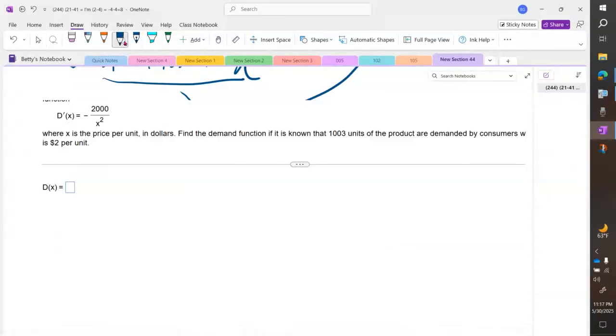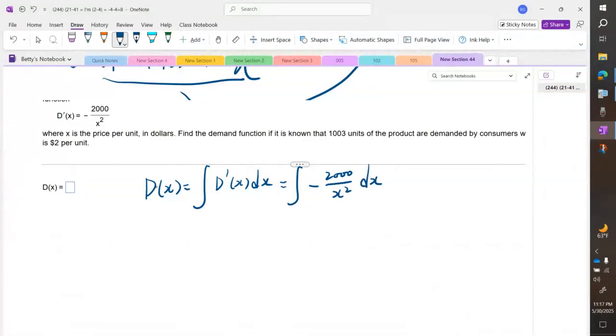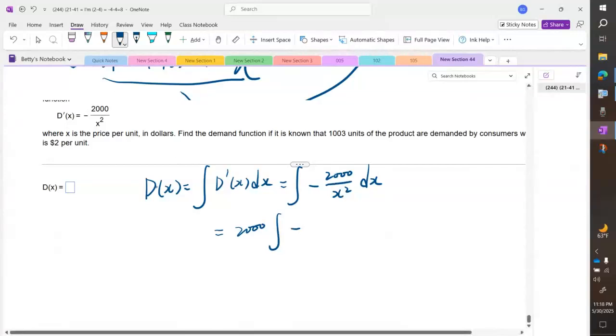D of x equals the integral of D prime of x dx, right? So D prime is negative 2,000 over x squared dx. If we take 2,000 out, the function in the integral would be negative 1 over x squared dx.